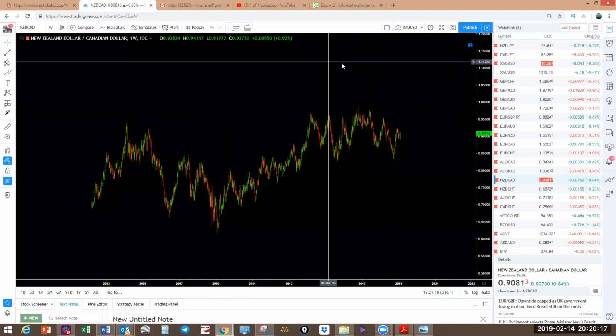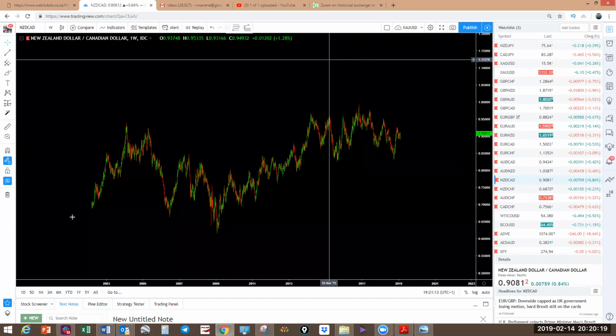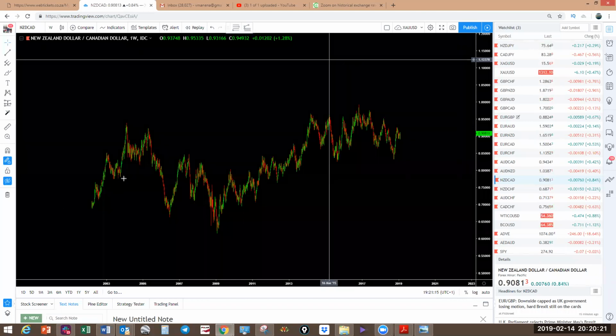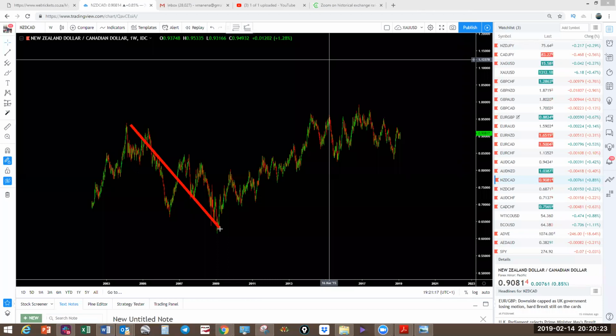We are able to get the degree from this current structure because we've got a clear corrective structure here, a clear move that is playing out. So we can figure out and forecast what will happen with this move and label that whole sequence. And it's in the weekly, so if you're getting a long-term trade here on a weekly chart, it will be a very nice one in terms of risk to reward.